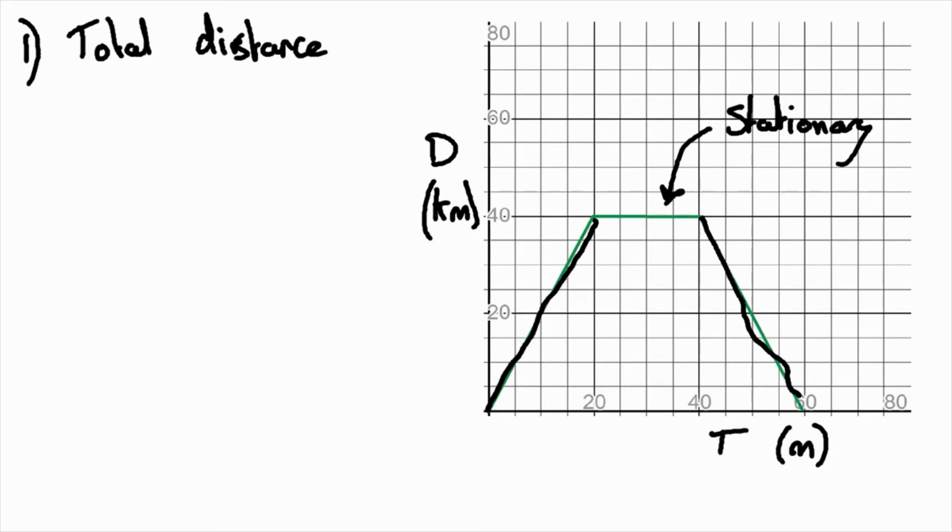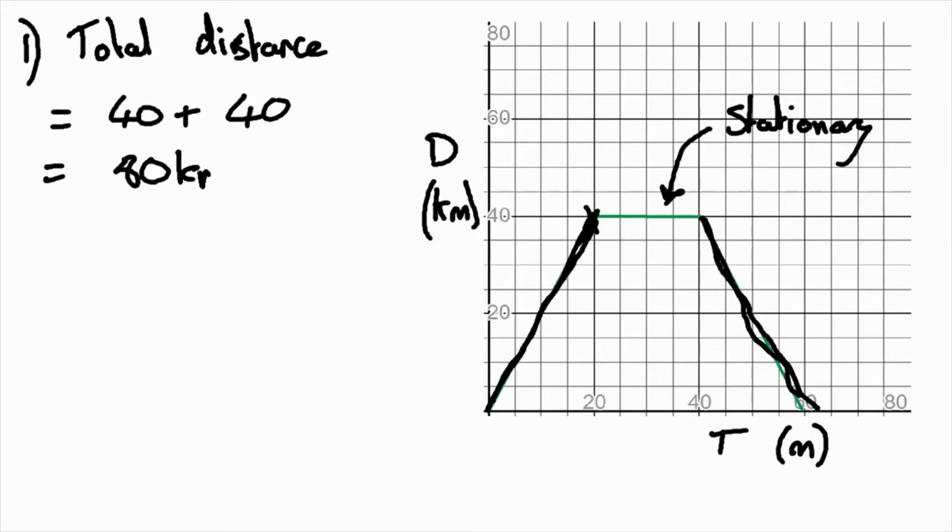So the total distance is going to equal the 40 kilometres travelled on its outward part of the journey, plus the 40 kilometres travelled on the way back. So this equals 80 kilometres.